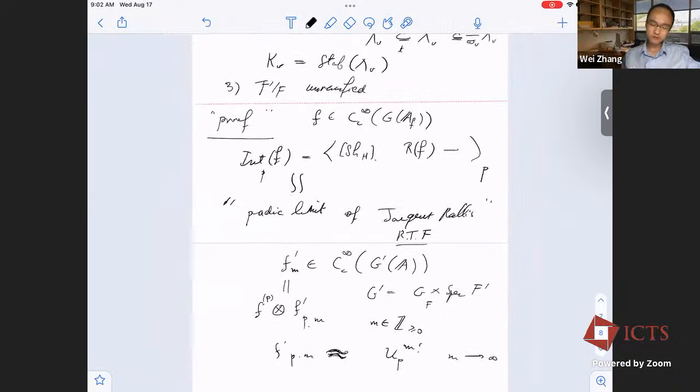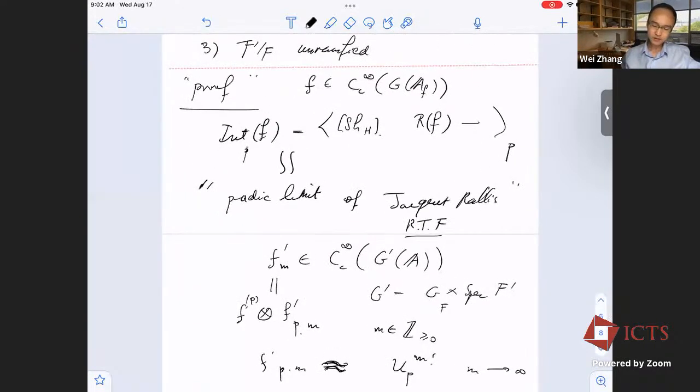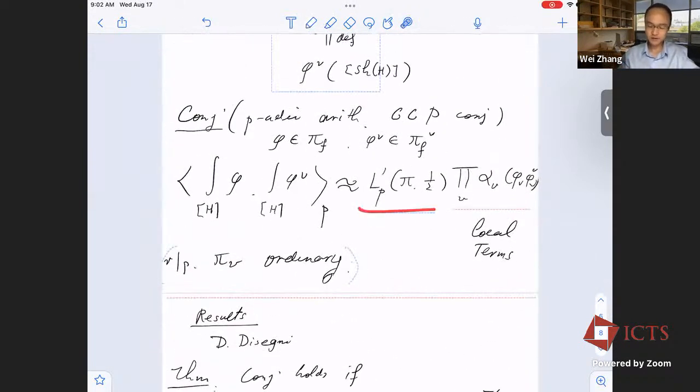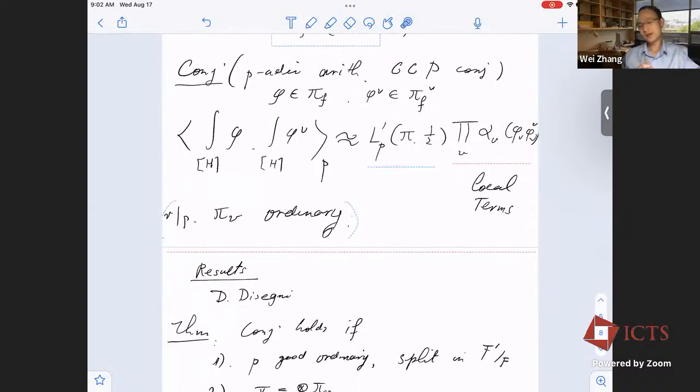On the way of the proof, we use this RTF of Zagier-Rayleigh to prove that a p-adic function exists. This p-adic function exists under those conditions, and purely using the relative trace formula we get a p-adic function from the geometric side of the trace formula.